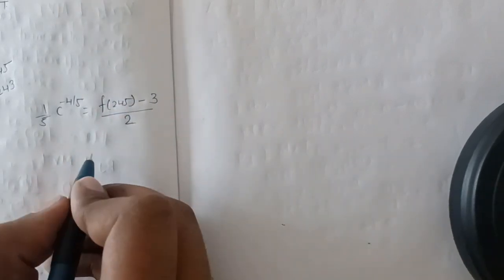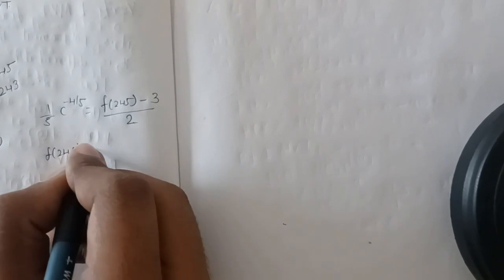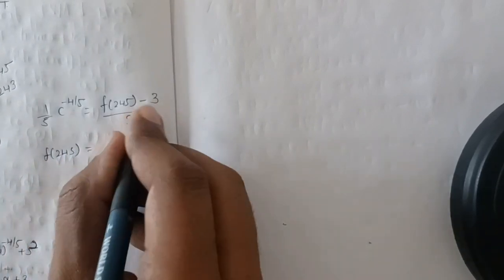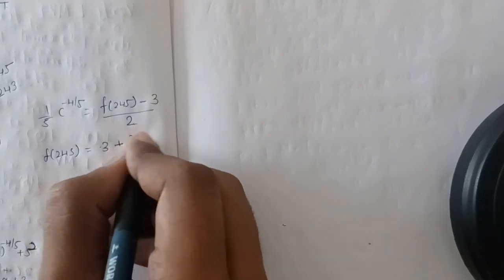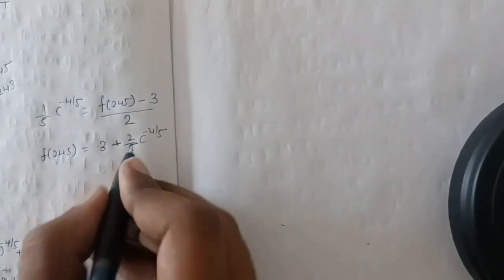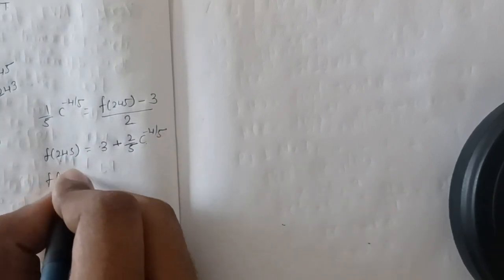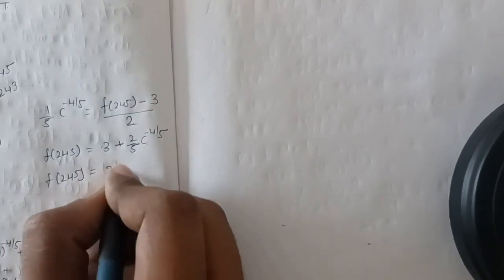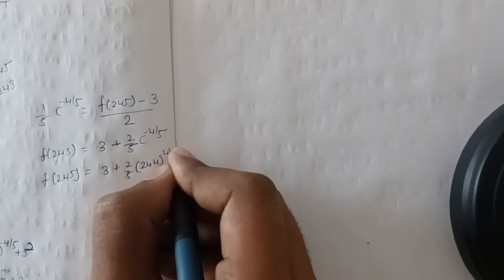Then cross multiply, and we get f of 245 equals 3 plus 2 by 5 c power minus 4 by 5. Here c lies between 245 and 243, as we know by using the LMVT, so f of 245 is equal to 3 plus 2 by 5 into 244 whole power minus 4 by 5.